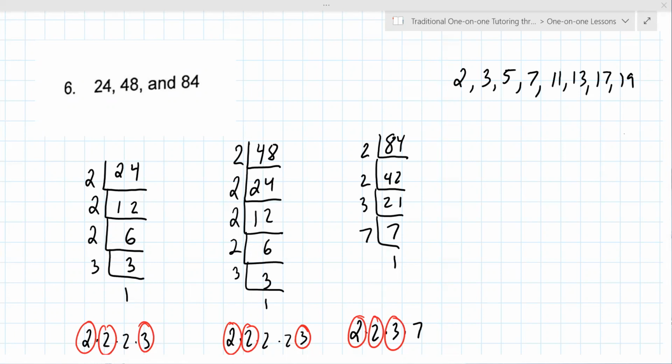How are you doing on this one? I'm almost done. Okay, so, and then for the greatest common factor, I got 12.